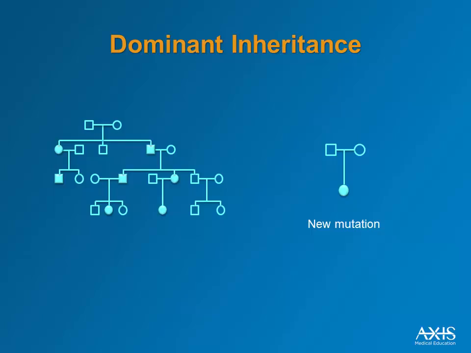Tuberous sclerosis complex is an example of classic autosomal dominant inheritance, where an affected individual has a 50% chance of transmitting the trait to any offspring. Males can transmit to sons or daughters, and females can transmit to sons and daughters.